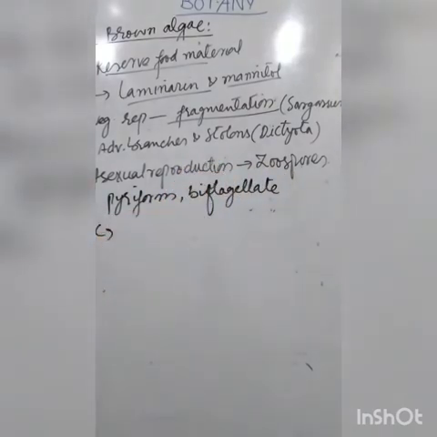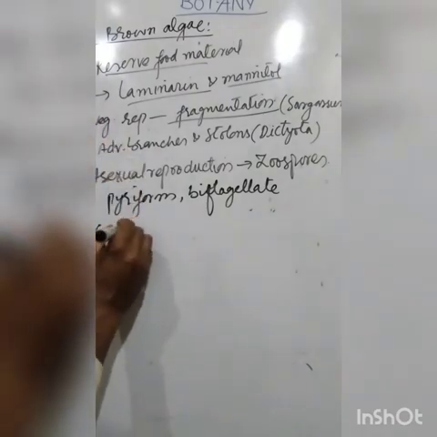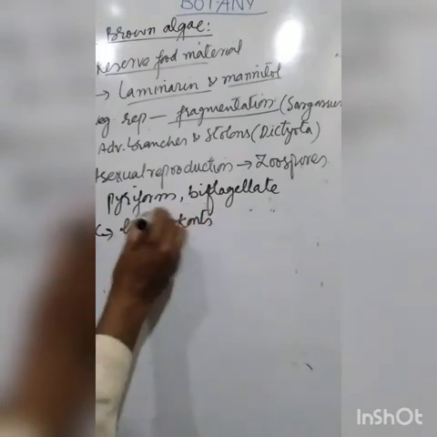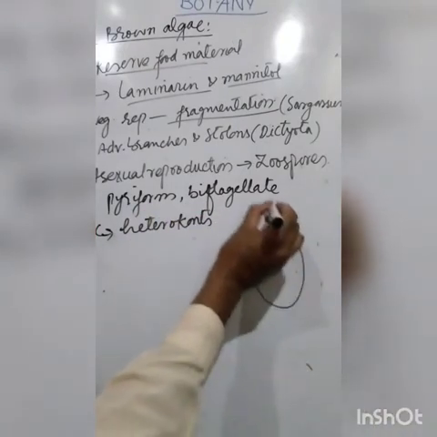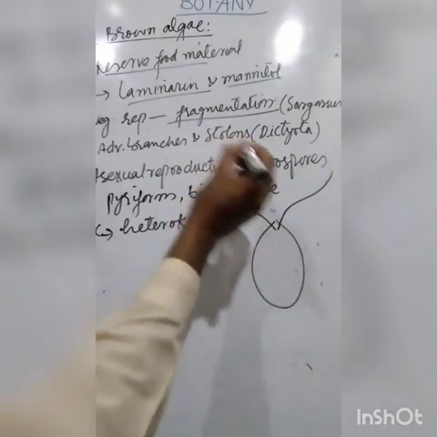They have contractile vacuoles and eyespots, and these are heterokonts. Heterokont means the zoospore has two flagella.